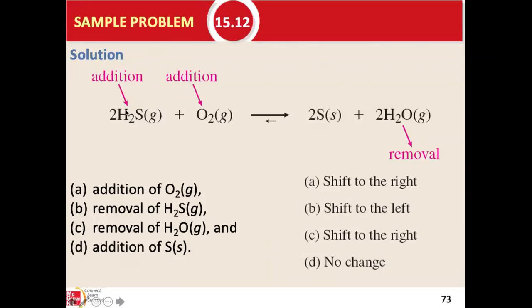When I'm removing H2S, I'm taking H2S out, the reaction will shift to the left to make more H2S. If I am removing H2O, the reaction will go to the right to make more of that. But if I'm adding sulfur, a solid, no change, because solids and liquids are not part of the expression.